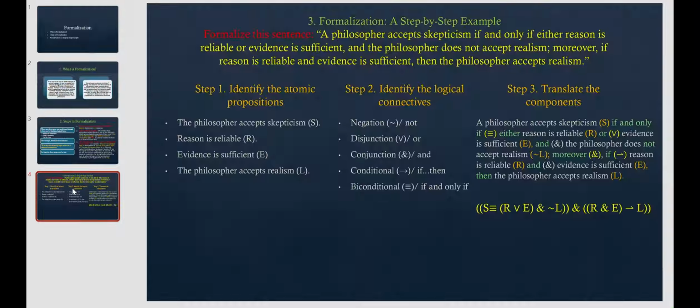Reason is reliable. It is statement R. Evidence is sufficient. We can name this statement with the variable E. And our last statement in this example, the philosopher accepts realism. Statement L. Okay, we have got 4 variables here, S, R, E, and L.